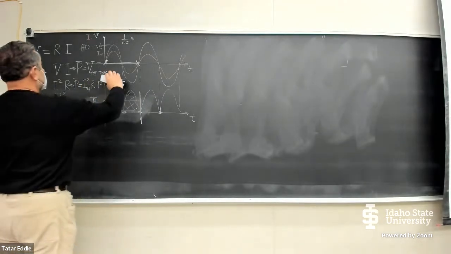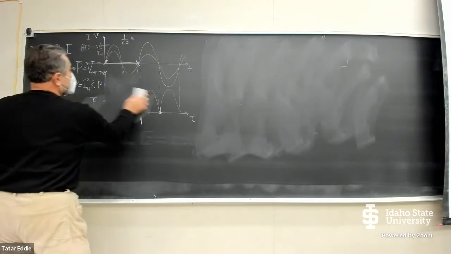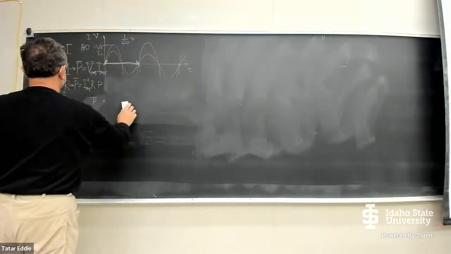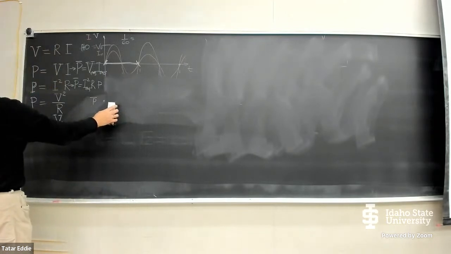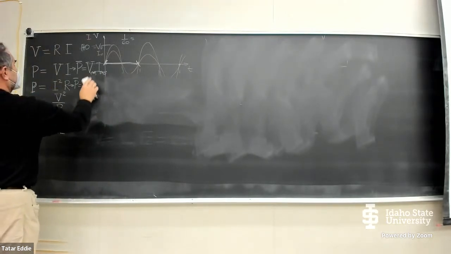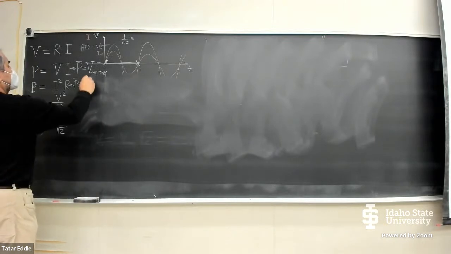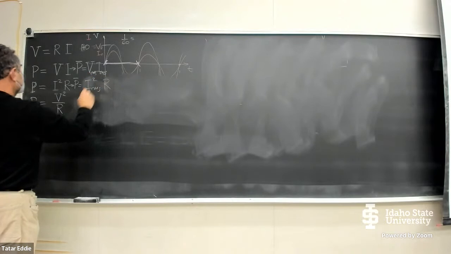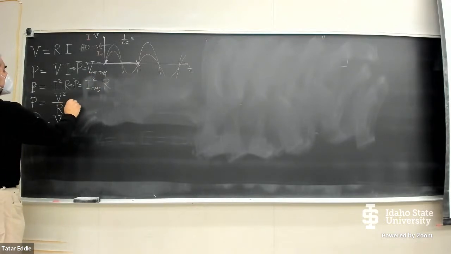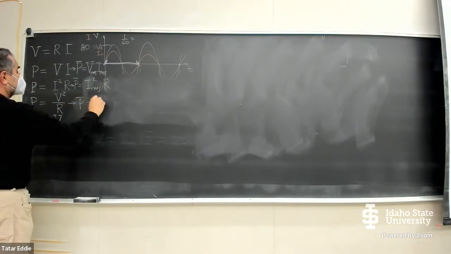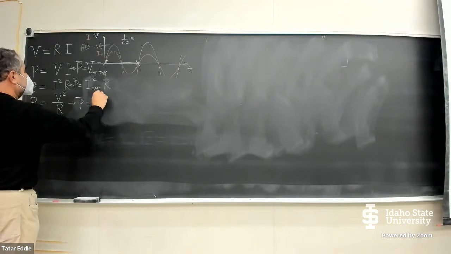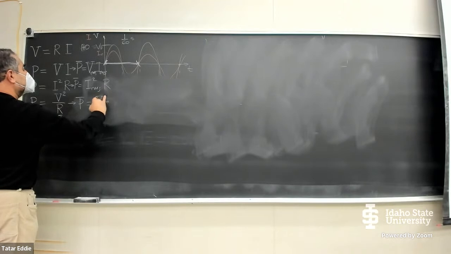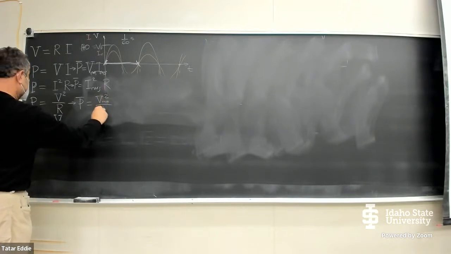Well, it became a little bit messy, so let's clean the diagrams. So you have the current RMS squared times resistance, and the other one is average power equal to voltage RMS squared divided by the resistance.